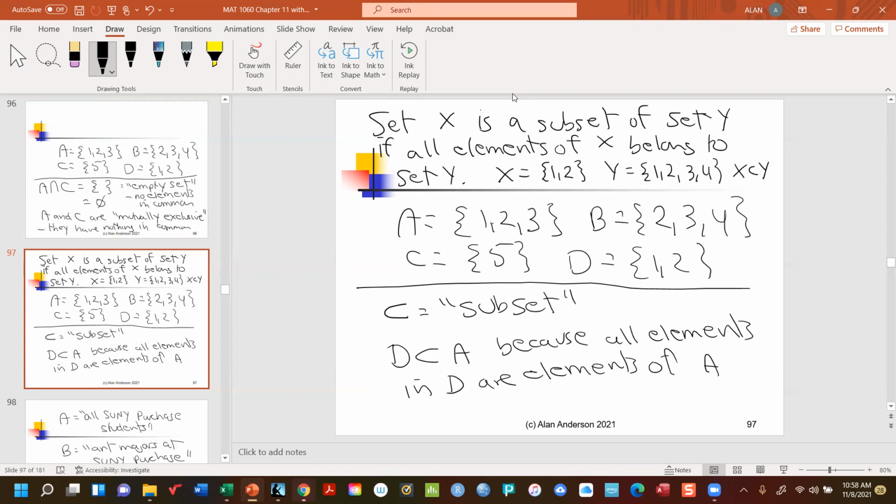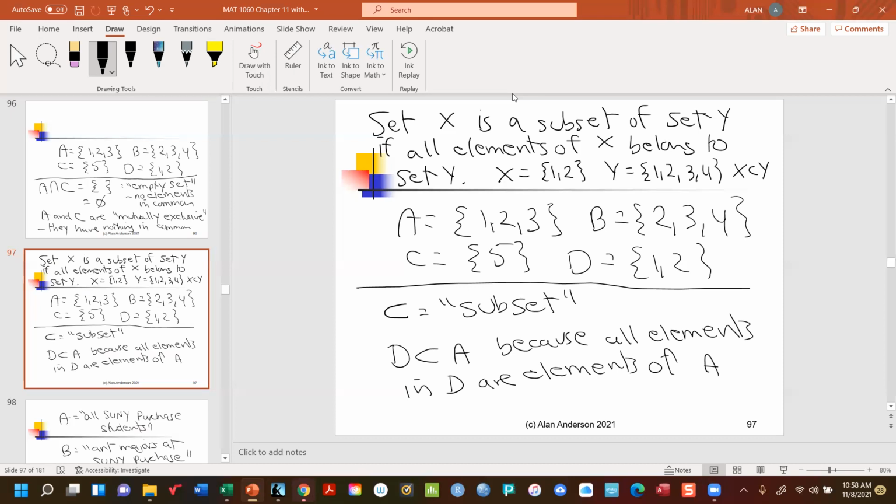You know, you can make up a lot of examples, but the important idea is that whatever's in set X, all of those elements belong to set Y. So therefore, in this case, D is a subset of A, because as you can see, D contains the elements 1 and 2, whereas A contains the elements 1, 2, and 3.